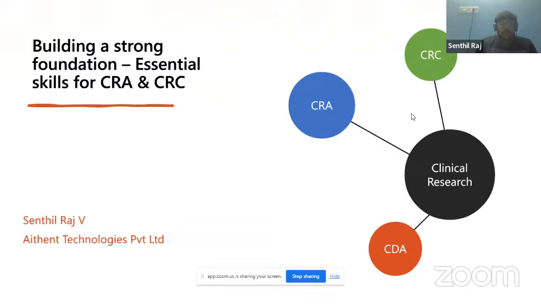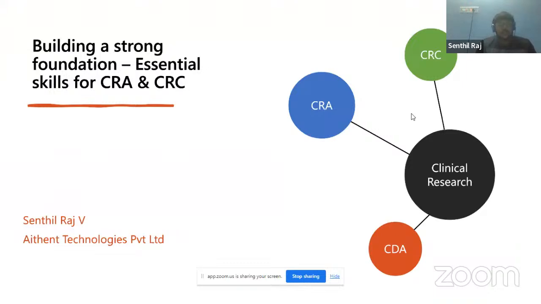Before going into skills, how many of you know there are a lot of roles in clinical research? Majority of the people will join as either a clinical research officer, CRA, or research associate, some might join as a coordinator, some as a clinical data associate.